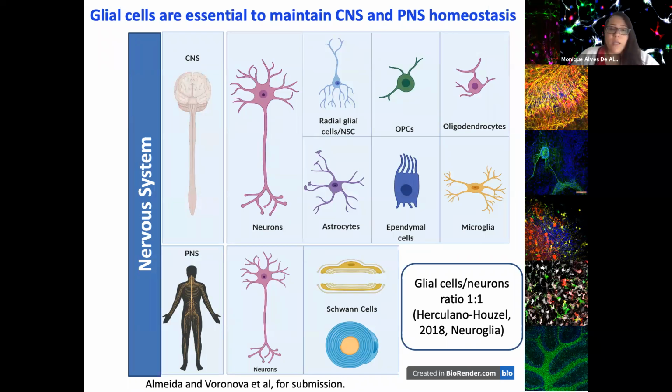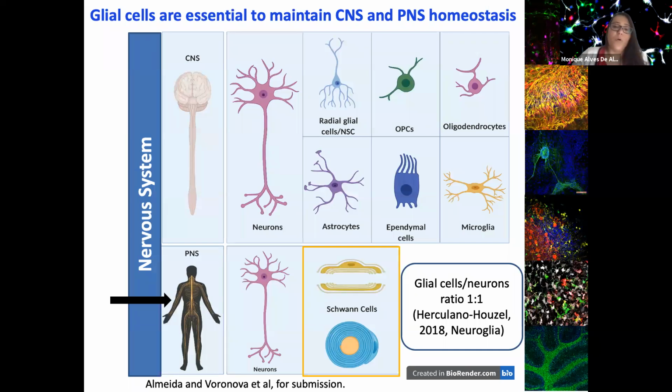On the other hand, and talking very briefly, we have the PNS, which comprises neurons and just one unique type of glial cell termed Schwann cells, which have similar functions to those displayed by oligodendrocytes.